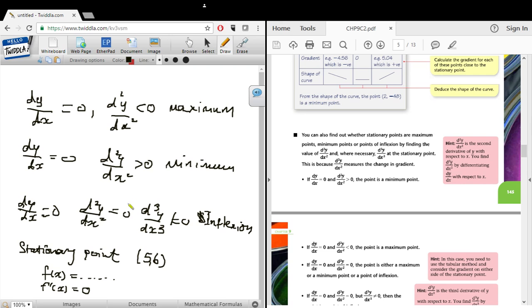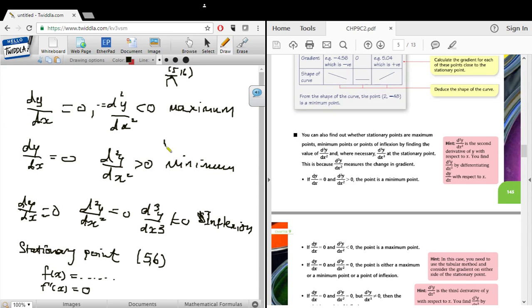If we put 5 and 6 into this, it gives us 0. If we put the x and y coordinates into the second derivative, it will give us a negative number, and that means it's a maximum. That means (5, 6) is a maximum.